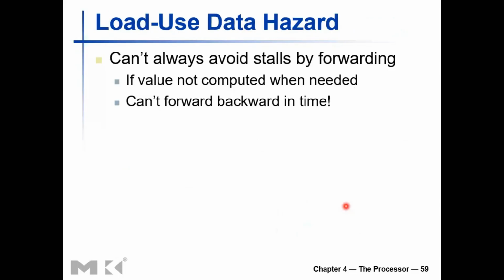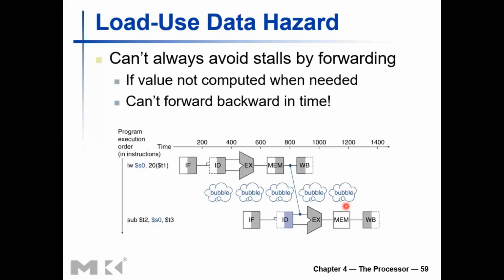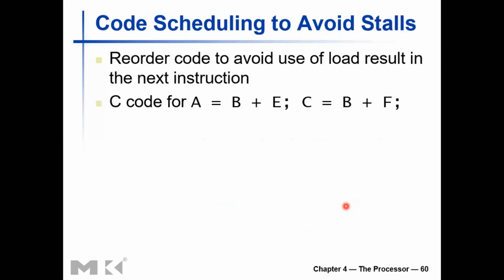And then we had a look at load use data hazards, where the data is ready not at the end of the ALU operation, but at the end of the memory operation. So you can't forward it to the input of the ALU if the next instruction is fetched right afterwards. So you had to have a bubble or a pipeline stall in order to avoid this load use data hazard.